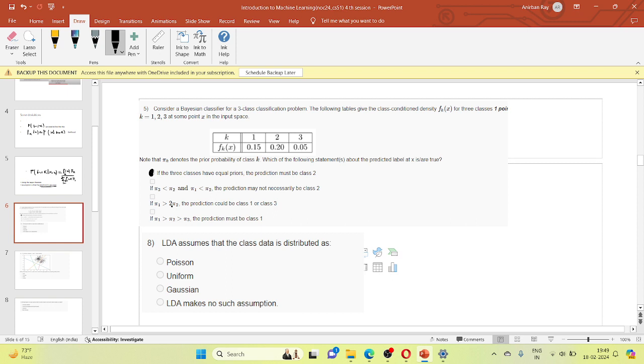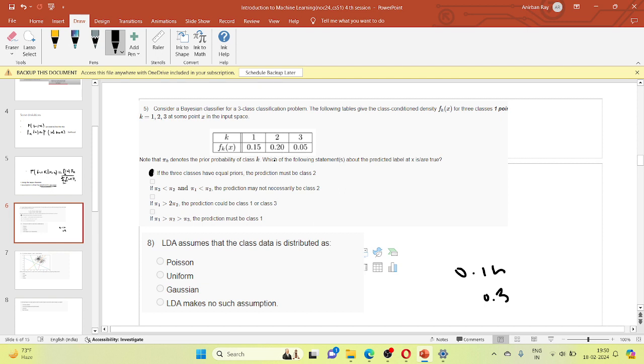Next we come to the option where pi 1 is double. You can see that pi 1 is greater than double. So if you multiply here, 0.15 multiplied by 2 is 0.3, and this is 0.2.